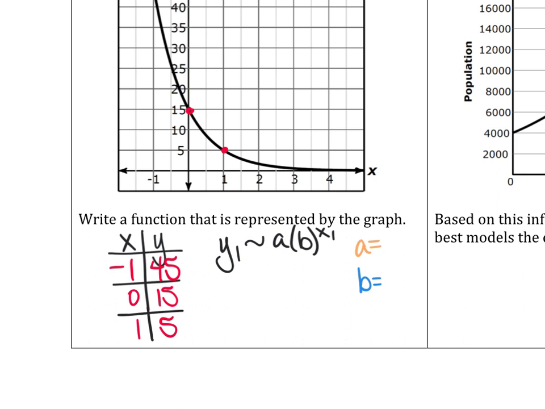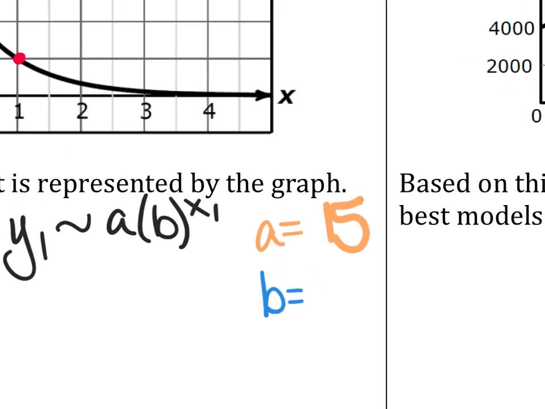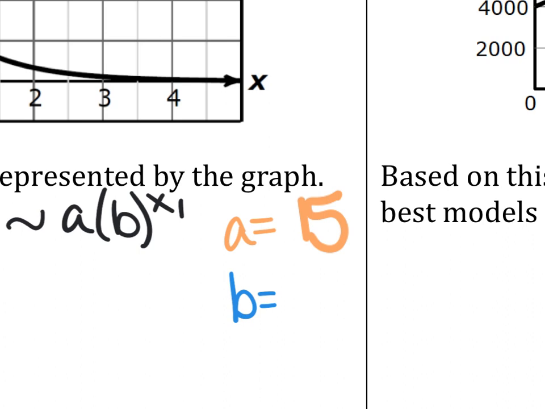And then get your A and your B value. My A value, it shows, is going to be 15. And my B value is 0.333 repeating.